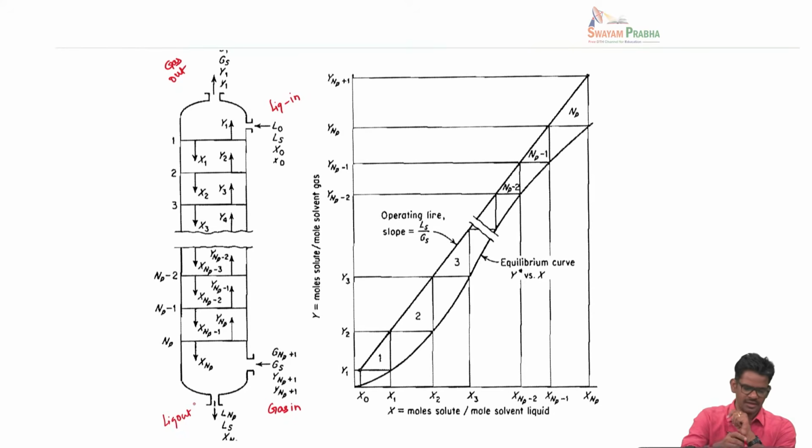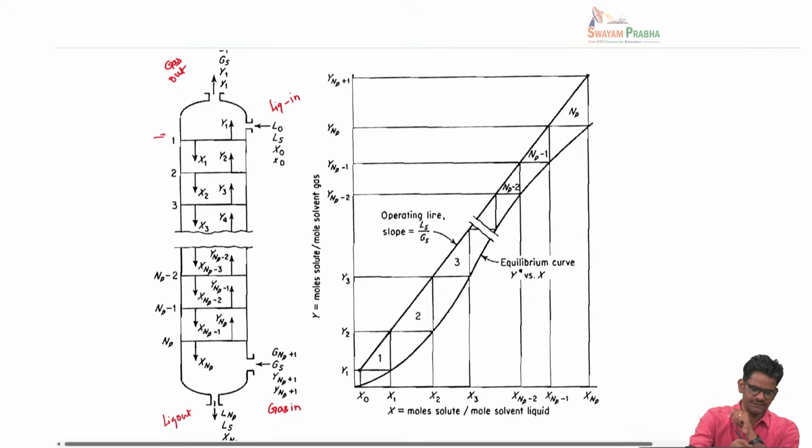Here the trays are numbered from the top. This is the first tray, second tray, third tray, and then to show the column is longer we use a break, and there is a total of NP trays. P means plates, so either trays or plates, the number of plates or number of trays.